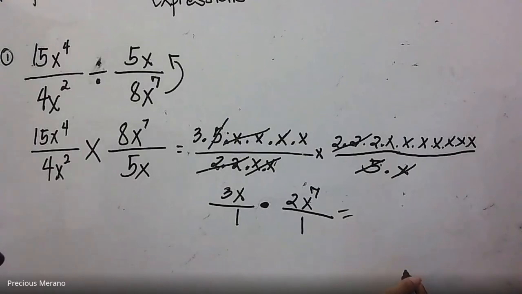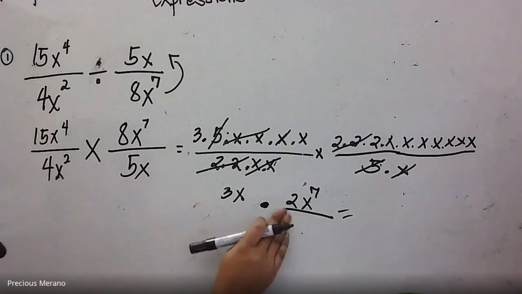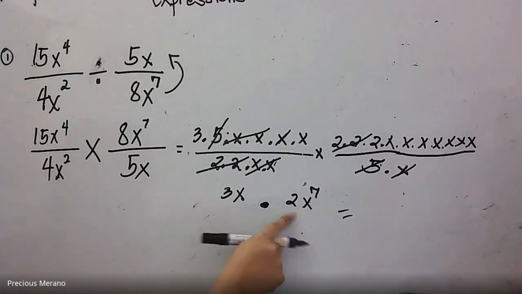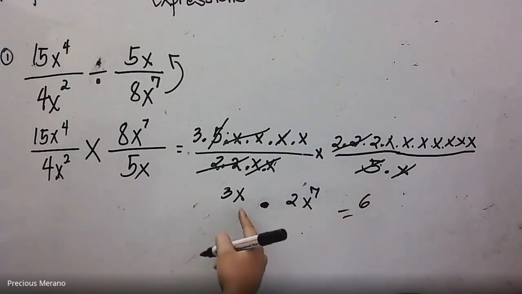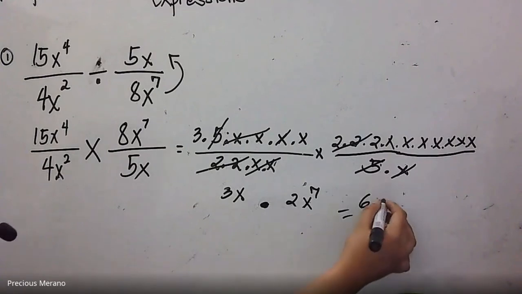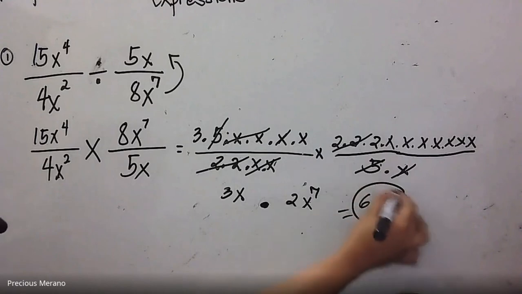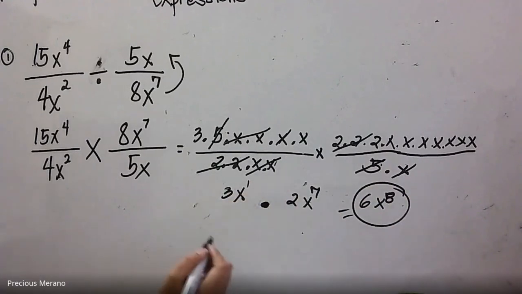So, again, since 1 over 1 na lang yan, tanggalin na natin yung dalawang 1 na yan. And then, multiply na natin to. 3 times 2, that is 6. And then, x times x to the 7th power is x to the 8th power. Kasi 7 plus 1 kapag multiplication.